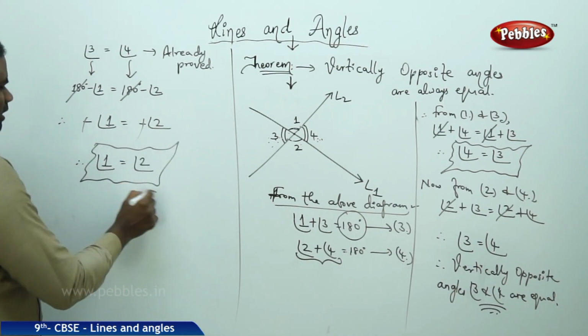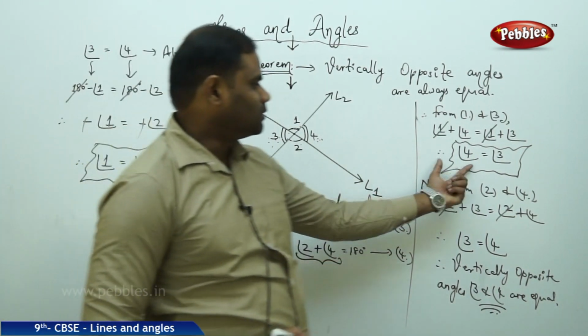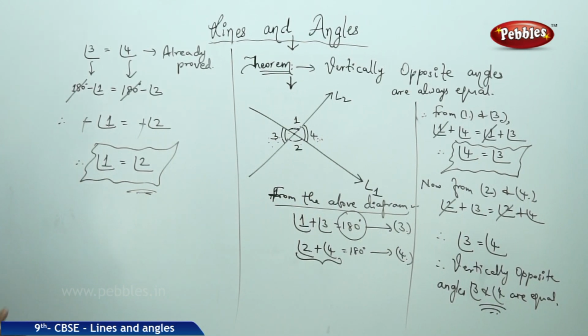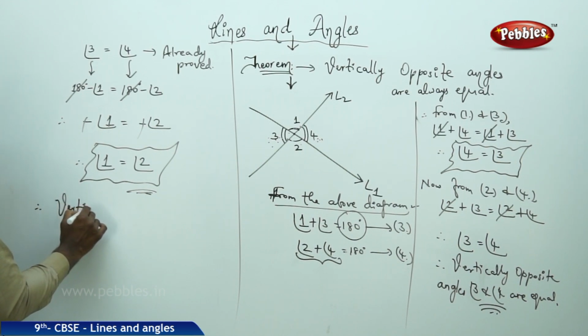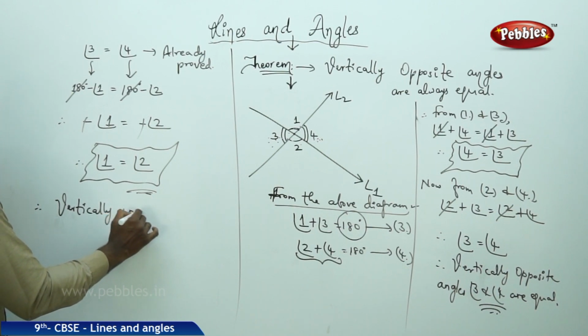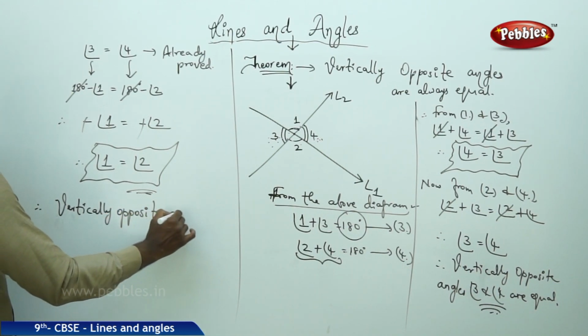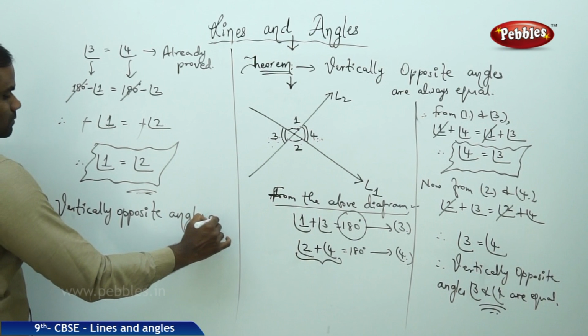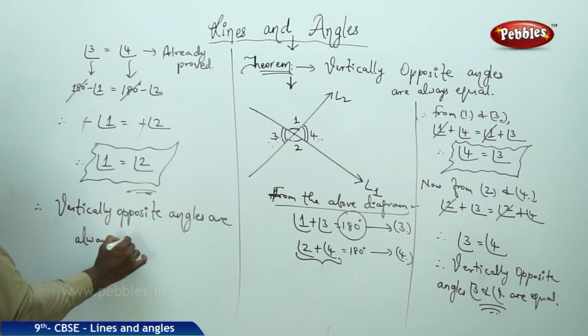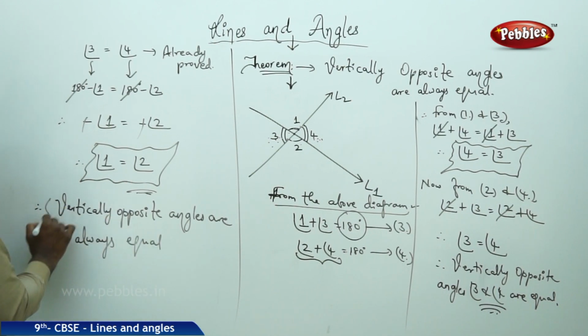This is how I conclude angle 3 equals angle 4 and angle 1 equals angle 2. Therefore, vertically opposite angles are always equal.